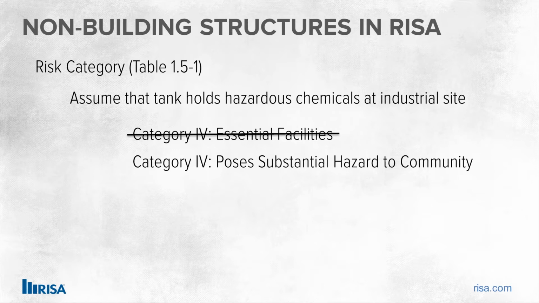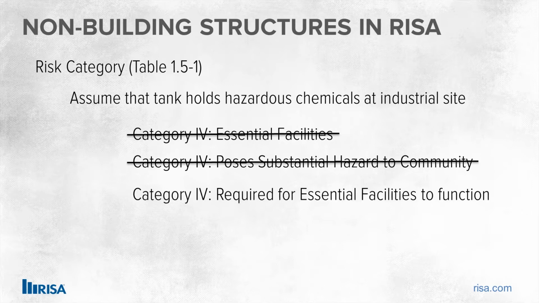We can see here that this tank is at an industrial site, and so most likely if it fails, unless it's got some sort of sulfuric acid that's going to go gaseous, it's probably not going to pose any sort of hazard to the community just at that site. So we wouldn't fall under that either. Or it could be required for essential facilities to function. So this could be like a backup power facility for a police station or a hospital. Once again, we really don't fall under any of that. So we wouldn't call it a category 4.